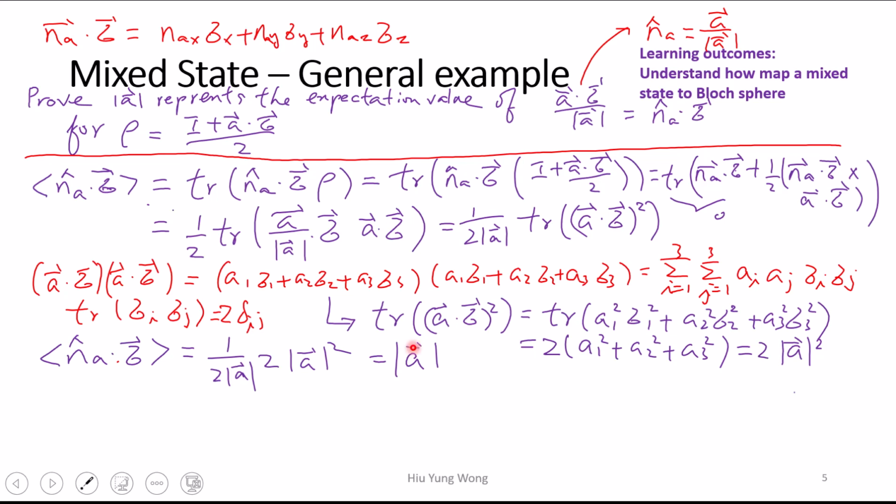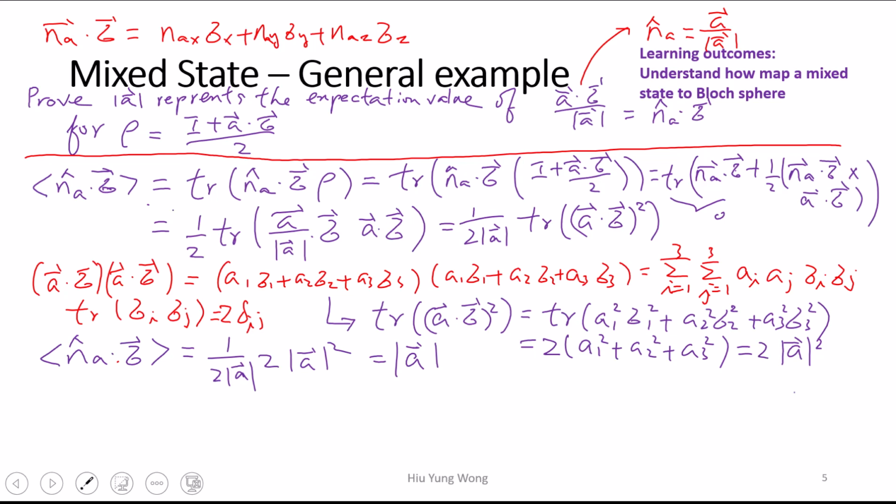So I'm right? I proved that if you have a density matrix expressed as (I plus A dot sigma) divided by 2, the length of A represents the expectation value of this NA dot sigma.